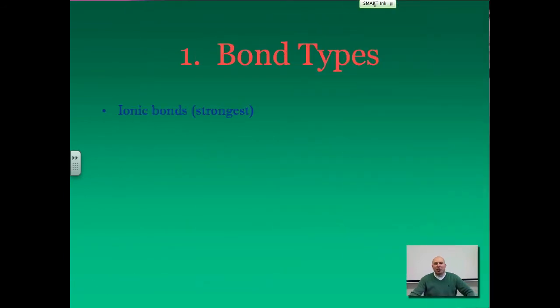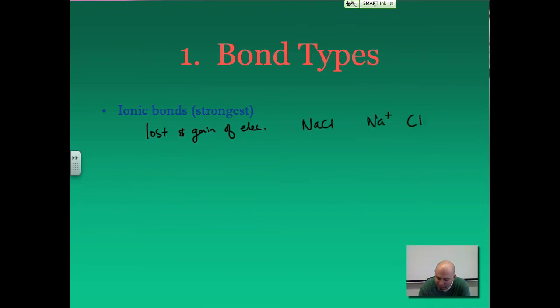Bond types. Ionic bonds are the strongest, and you should recognize that substances with ionic bonds involve a loss and gain of electrons, something like NaCl, sodium and chlorine. Sodium has lost an electron, chlorine has gained.